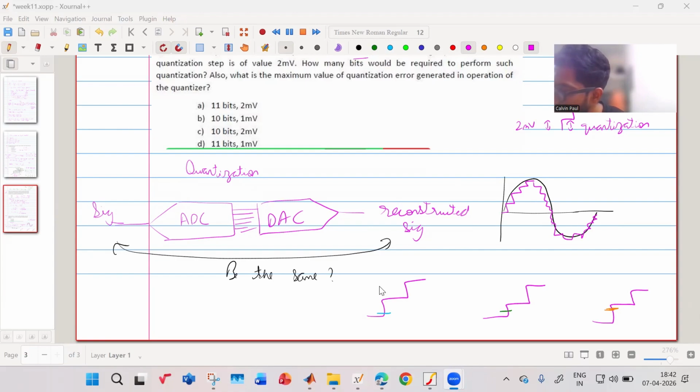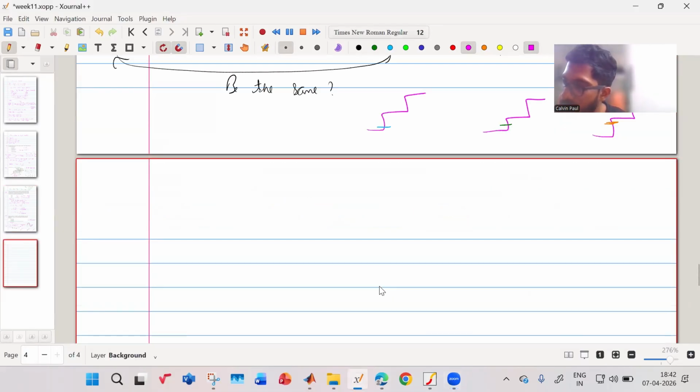Let me draw again better, on a new page. This is the signal for all cases, and this is the reconstructed digital signal.